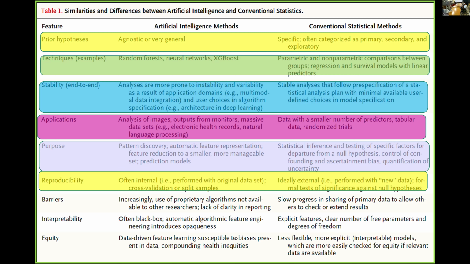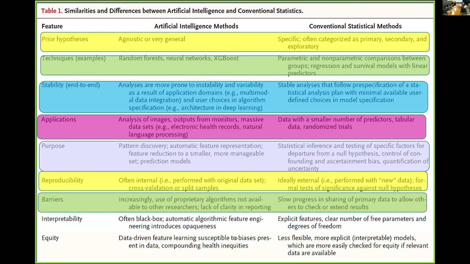They'll develop the AI model on 2/3 and see if it works well on 1/3. That's an internal generalization. Then they must get a new data set. Let us say we develop an AI model in CMC. We must go and try it out on some other medical college, St. John's Medical College database. That's how generalizability or reproducibility is done in AI.